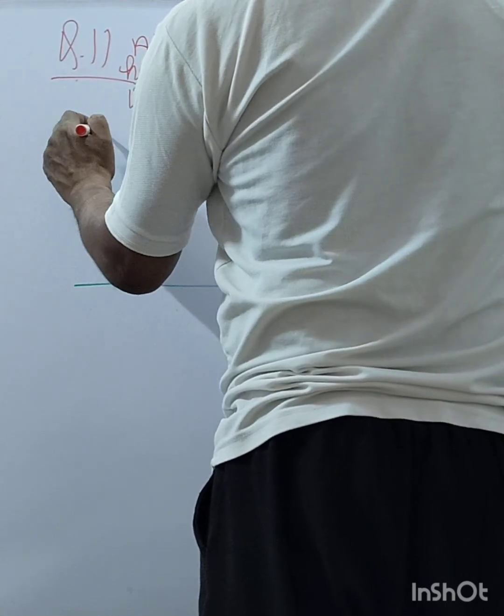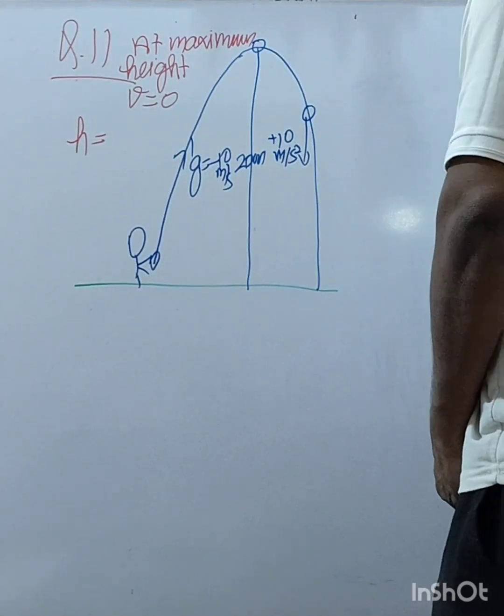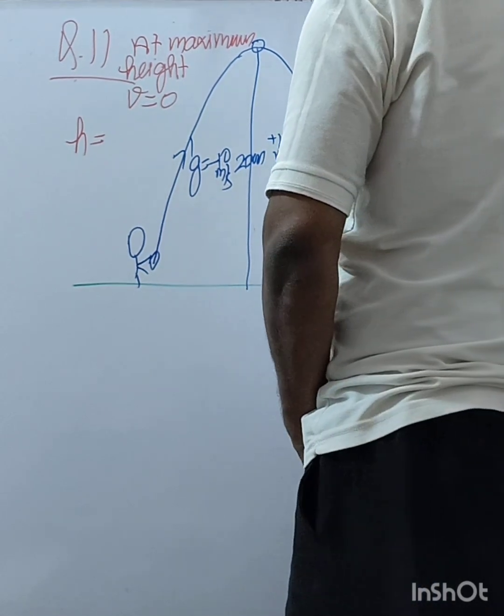What you have to find is the initial velocity of the ball.